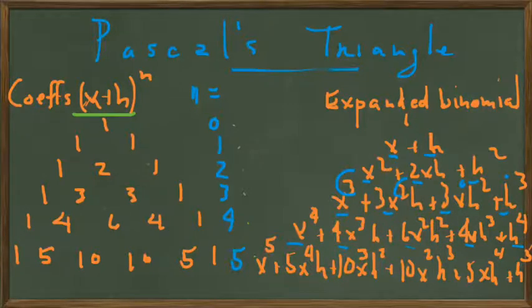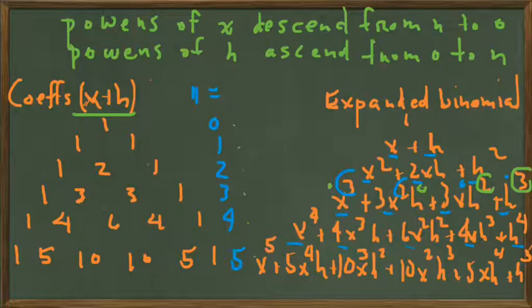So in this term the power of h is 0, here the power of h is 1, here it's 2, and here the power of h is 3. So summarizing, the powers of x descend from n to 0, and the powers of h ascend from 0 to n, and this is what we saw when we took a look at x cubed.